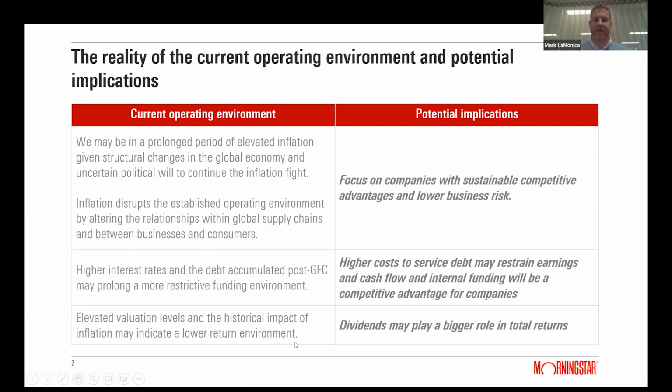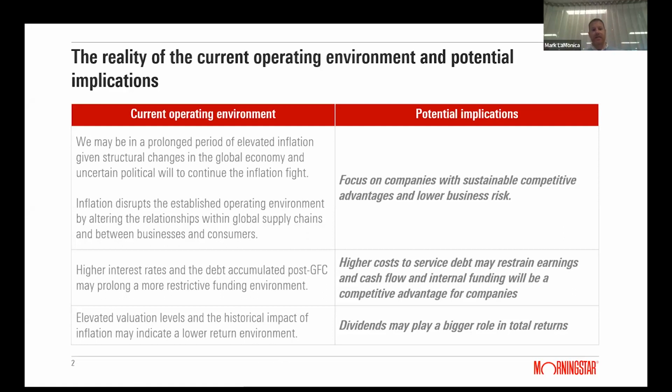So, we have obviously faced elevated inflation, and certainly elevated inflation from anything that we've seen within our investing perspective. Back to the early to mid 80s really was the last time that we saw significant levels of inflation.